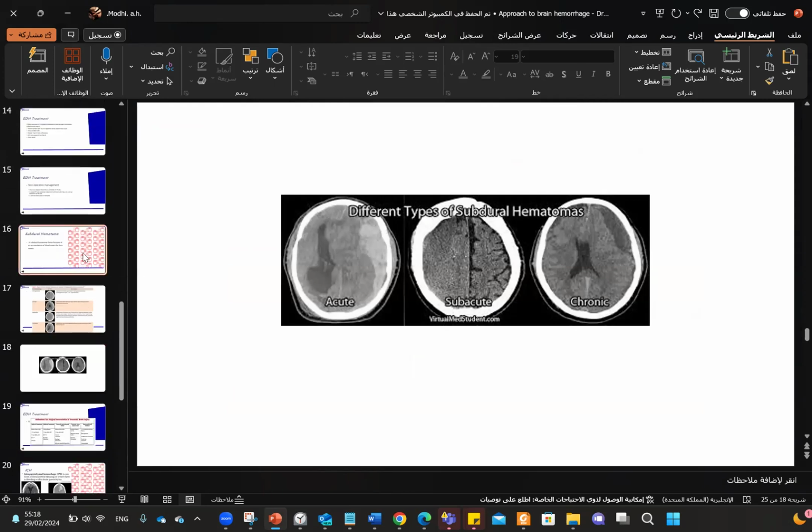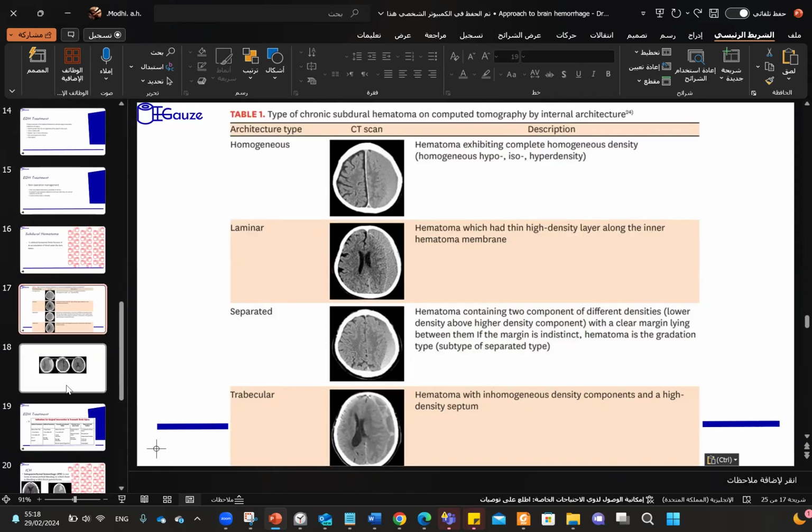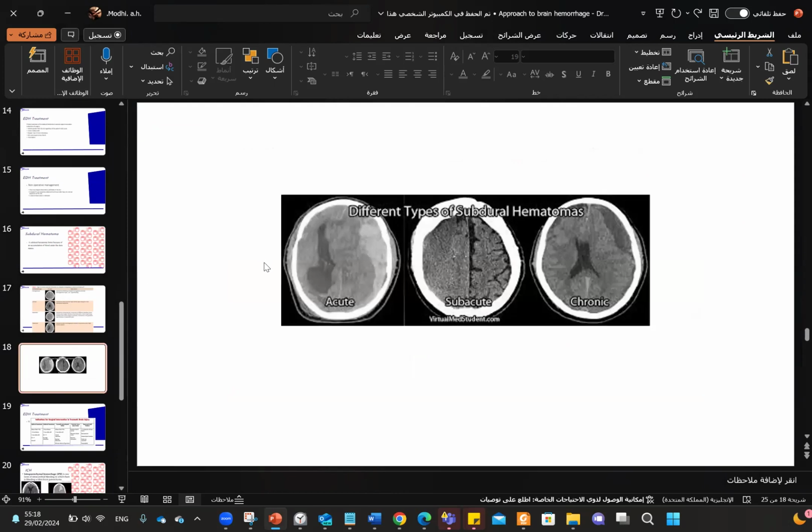This is an extremely brief talk about subdural hematoma. But in reality, there is acute subdural hematoma and chronic subdural hematoma, and they are managed surgically differently. Chronic subdural hematoma can be on one side, and sometimes bilateral, in both hemispheres. There are different modalities of treatment: you can do burr hole evacuation or mini craniotomy.